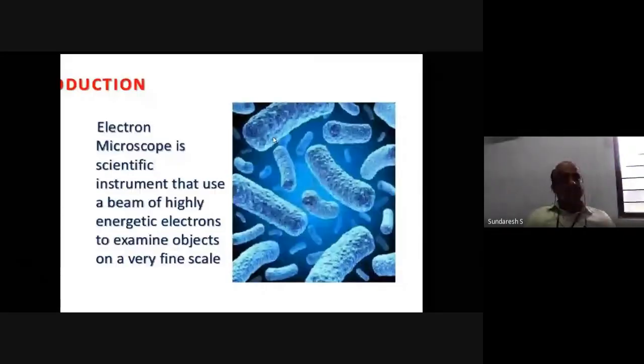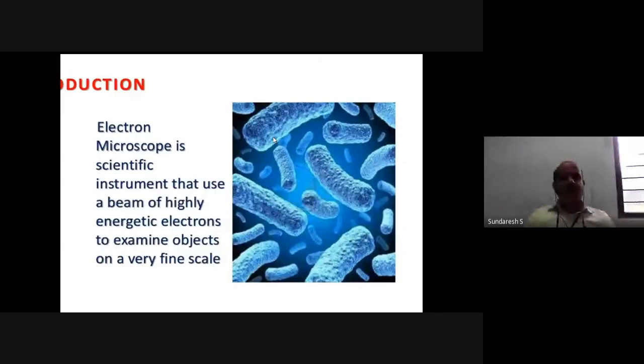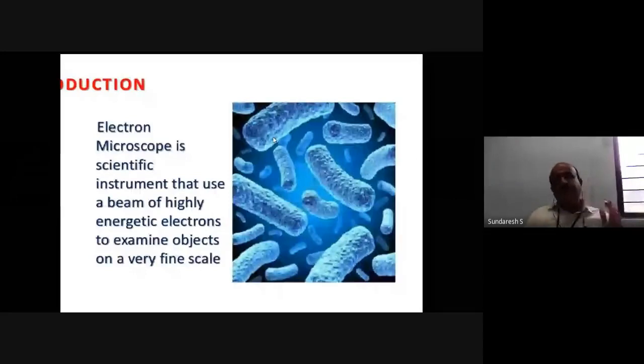The basic principle in optical microscopy is light rays, whereas in scanning electron microscopy, electrons are produced and interact with the electrons on the surface, they are reflected back, and they are detected by the detectors.